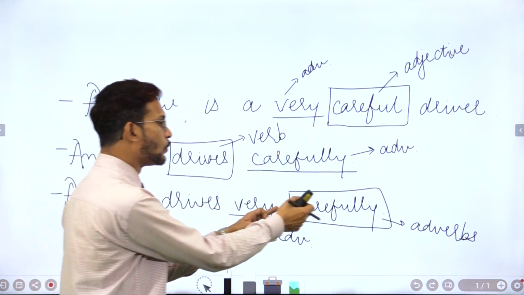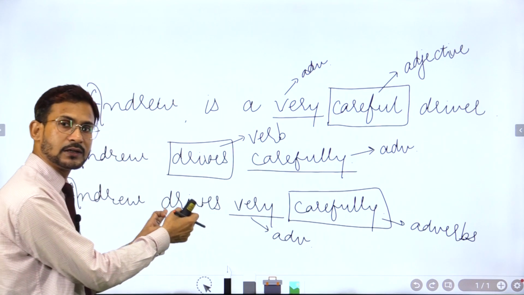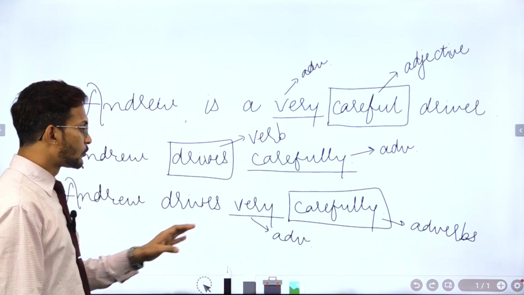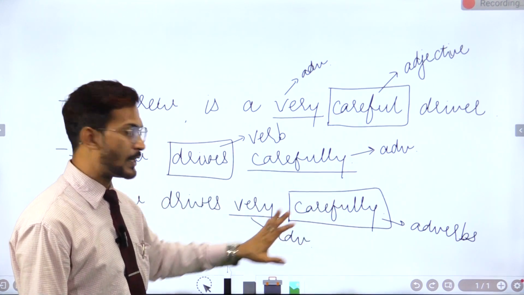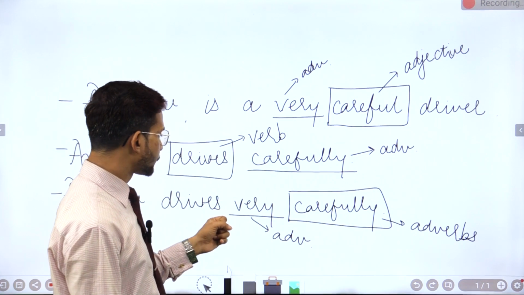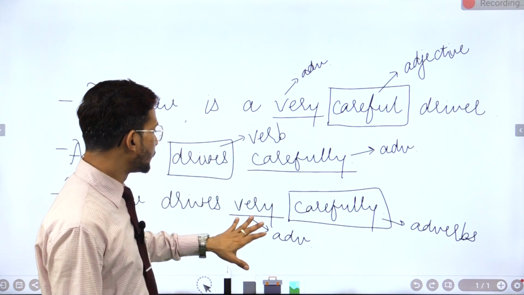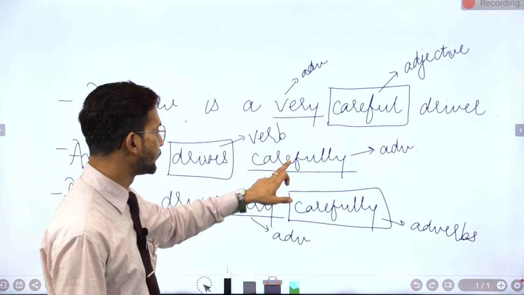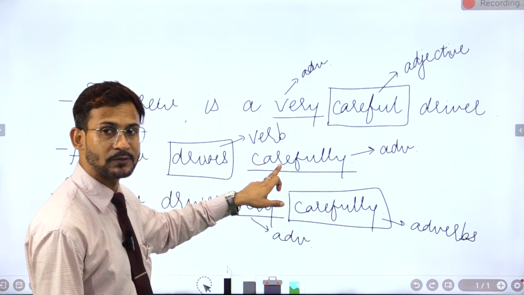Now again, both of these words are actually defining this action, this verb, right? So both of them will be known as adverbs. Here the word very is actually defining this adverb carefully. We already wrote carefully in the above sentence.